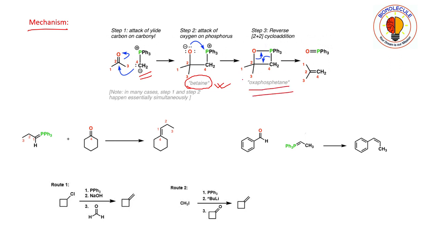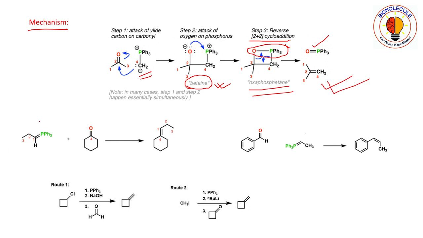This compound is known as an oxaphosphetane. Now it will break to give triphenyl phosphine oxide and an alkene, that is, it is a 2+2 reverse cycloaddition. You just eliminate triphenyl phosphine oxide, and what you will get is an alkene.